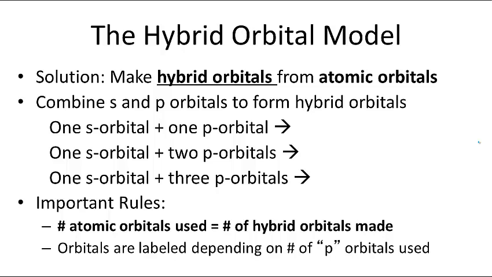We'll talk about 3 kinds of hybridization. This will be the last slide I do today. We can combine one of the s orbitals and one of the p orbitals to make what we call sp hybrid orbitals. So if I combine one s orbital and one p orbital, I get 2 sp hybrid orbitals.